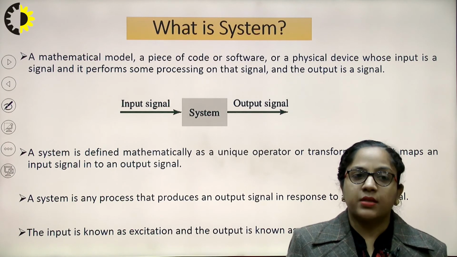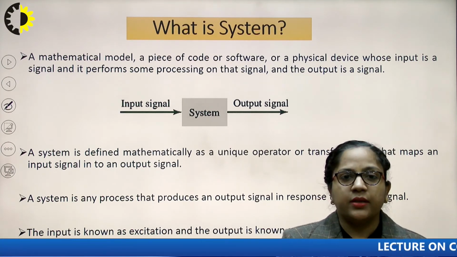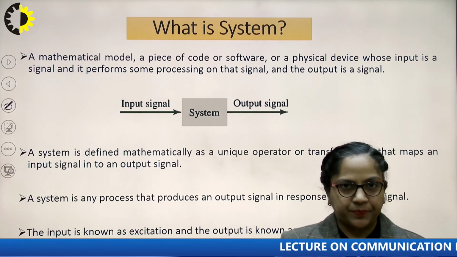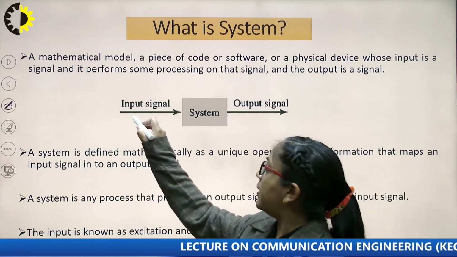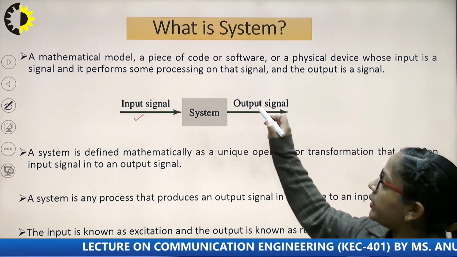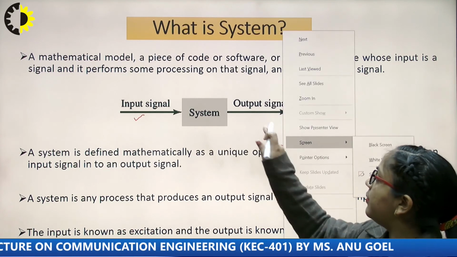It will process the input signal and produce an output signal in response to the applied data. The input applied to the system is also known as excitation, and the output that I will get from the system is also known as response.